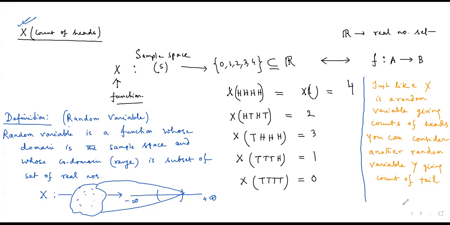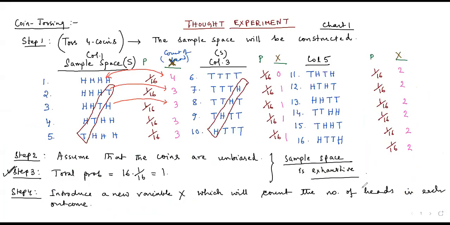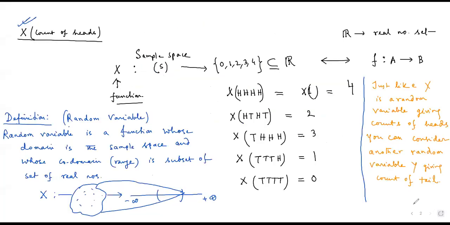Let us analyze this chart furthermore. Let us define the properties of this chart. Let us talk about some properties. If you carefully observe, you will find that X is discrete. Why?